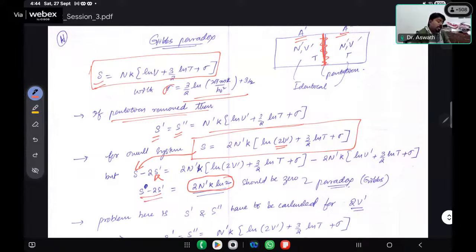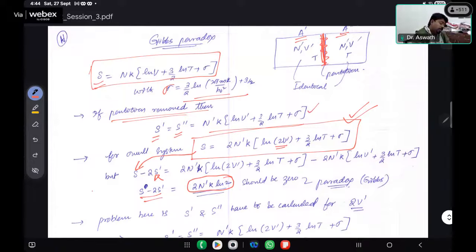When I remove a partition, the two systems are alike, so they should not mix. That is what I assume, but they're actually mixing. Because of that, I get one overall entropy as one expression, while my assumption is just twice of something.